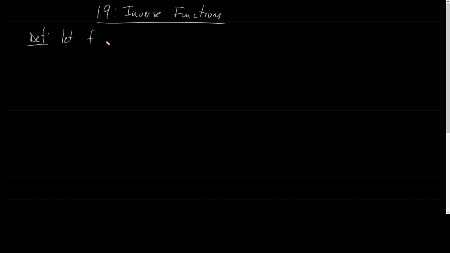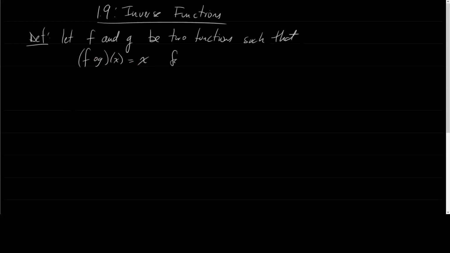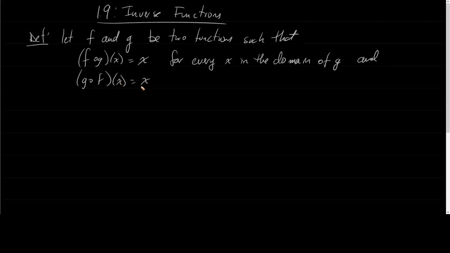Let f and g be two functions such that when you compose them with each other, so in other words, f composed with g of x, you end up with x for every x in the domain of g, and when you compose g with f, so g composed with f of x, you also get x for every x in the domain of f.